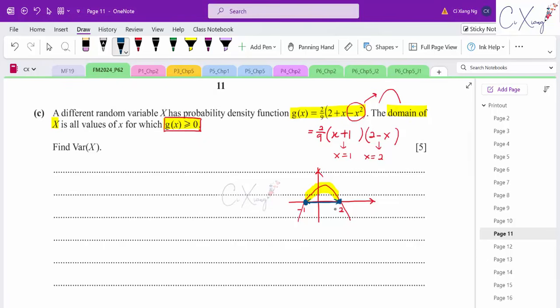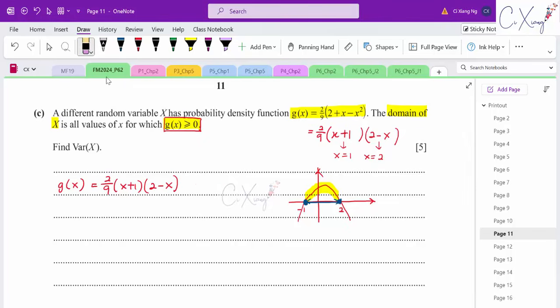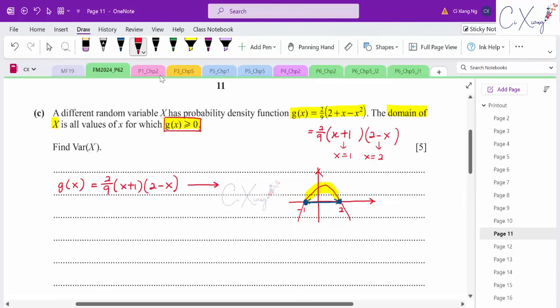We need this before we can continue to get the variance. Once I know my domain, I can make a small calculation here. I can write g(x) equals 2 over 9 times (x plus 1)(2 minus x), and this tells us we have a graph like this. I just copy this one and move it up, so my graph looks something like this.